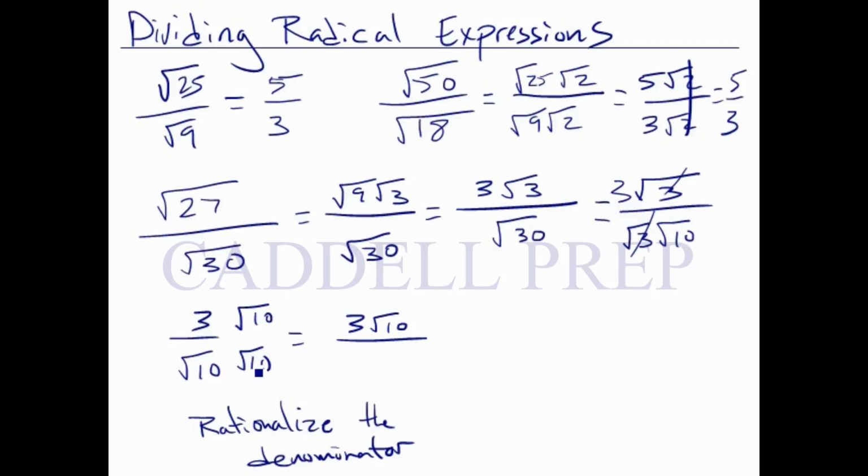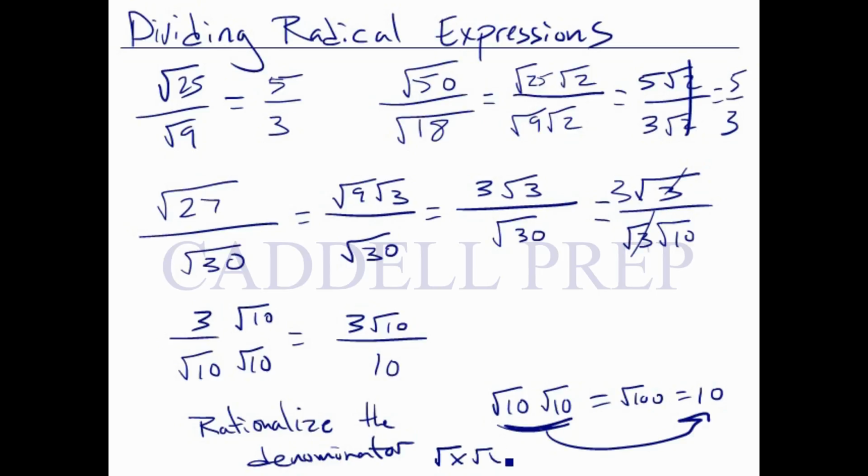Then the square root of 10 times the square root of 10 is just 10. If you multiply the square root of a number by the square root of that same number, you're going to get that number. It happens because the square root of 10 times the square root of 10 is the square root of 100, and that's the same as 10. But you could just skip that step: the square root of x times the square root of x would just be x. So this is the final answer to this problem.